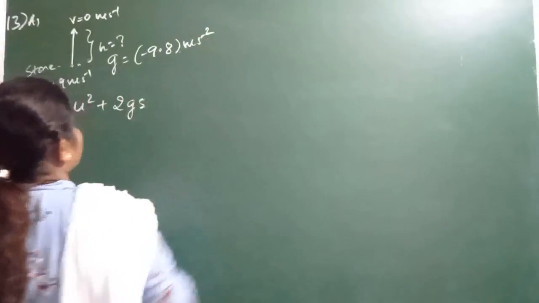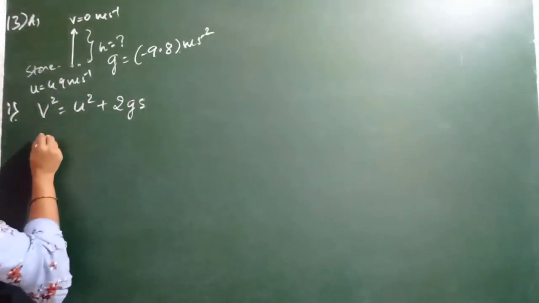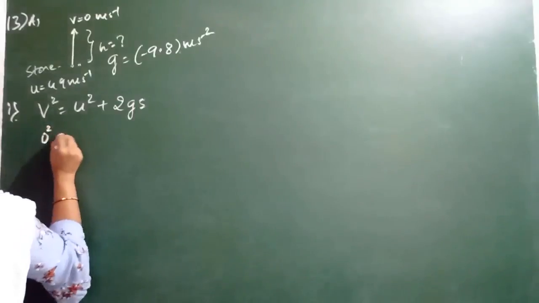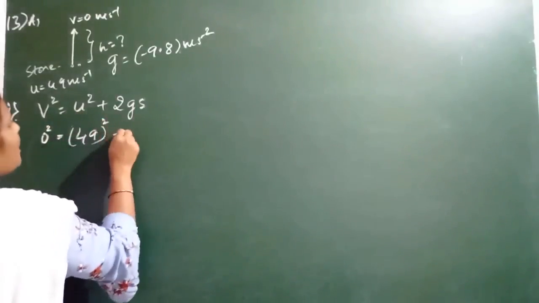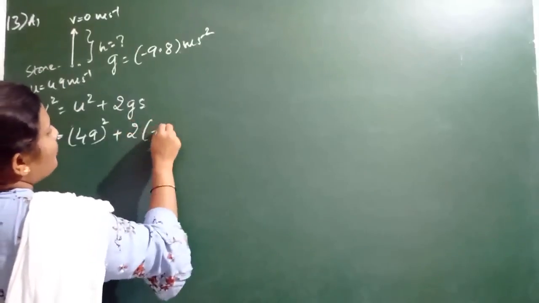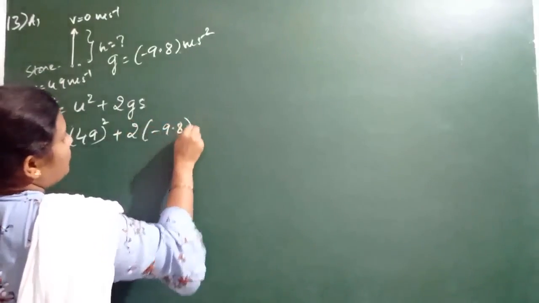So, what is V square? 0 square. U is 49, whole square, plus 2 into minus 9.8.